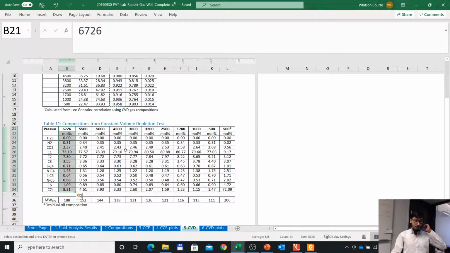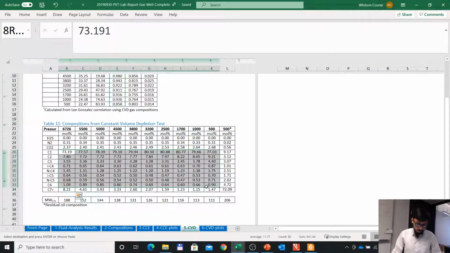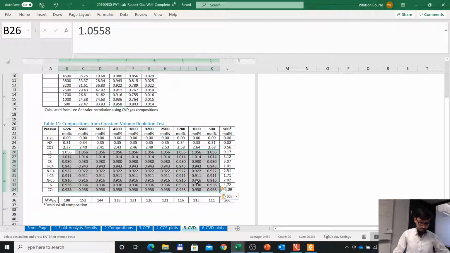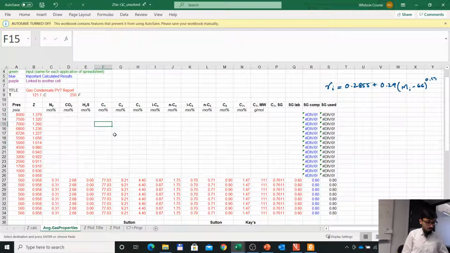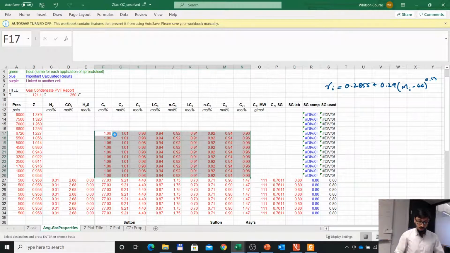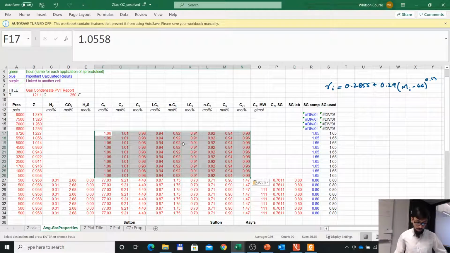Okay, so what we will do here is copy these compositions from C1 to C7 plus first, and paste them from the dew point, which is this 6726 psi, and then we have to transpose it so that the components match here.